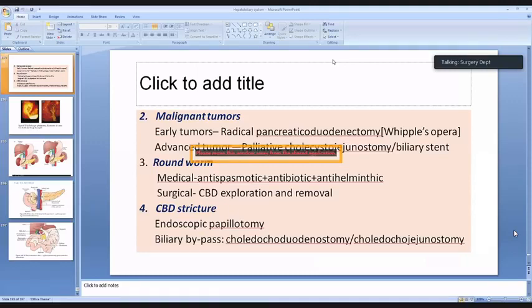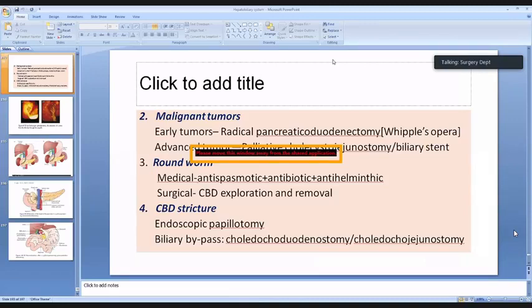If it is due to roundworm, sometimes we treat this patient on the medical point of view, antispasmodic drug, antibiotic, anti-helminthic drug. Many of the times the roundworm will be expelled into the intestine and can be excreted. If it is not, then surgical treatment is CBD exploration and removal of the roundworm.